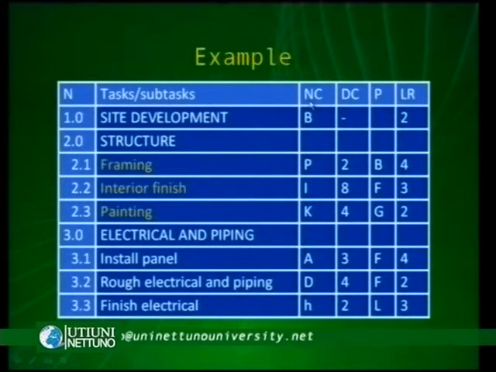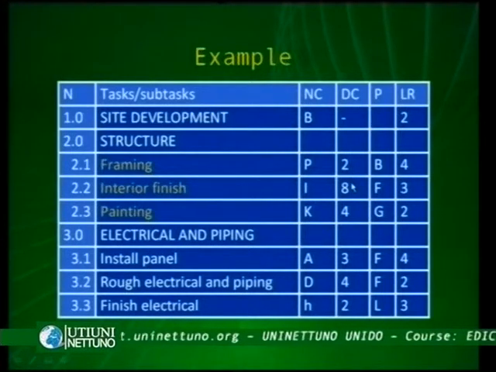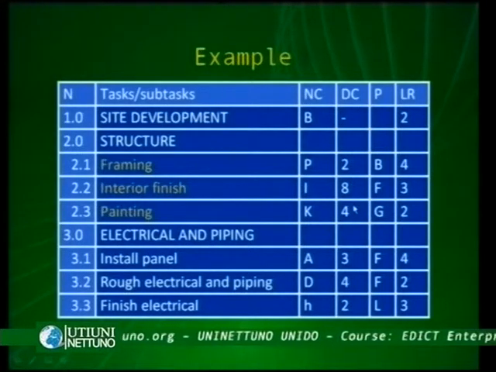NC stands for network code, as we were saying. DC stands for days to complete. As you can see, each subtask has a specific indication of days to complete it.